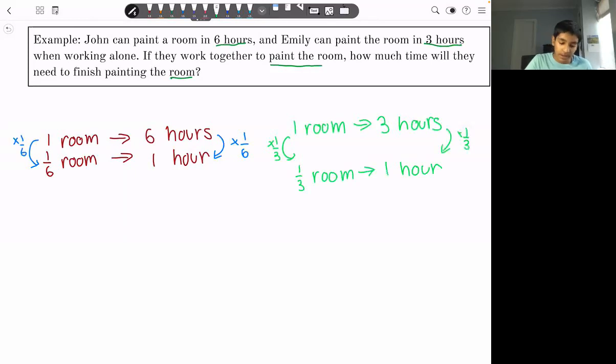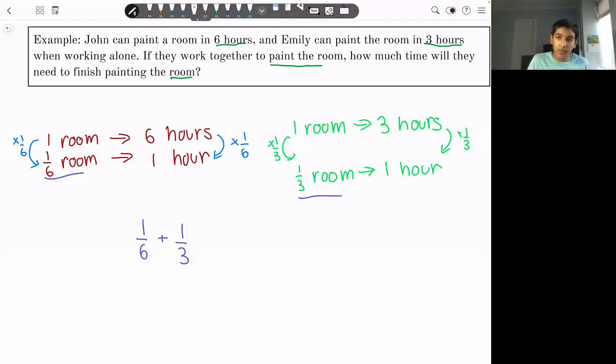Okay, so now what? We're working together. John can paint 1/6 of a room in an hour, and Emily can paint 1/3 of a room in an hour.